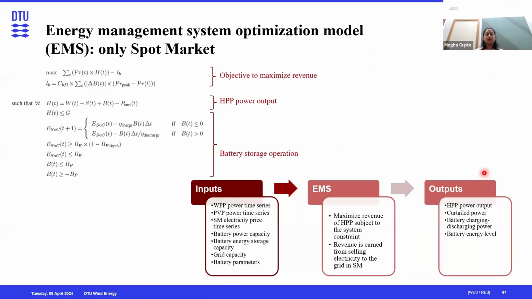Now, before proceeding ahead to the energy management system, I would like to make a note that as we are doing most of the exercises today in Google Colab, which has very low computational power, we will not be able to perform sizing optimization on Google Colab.